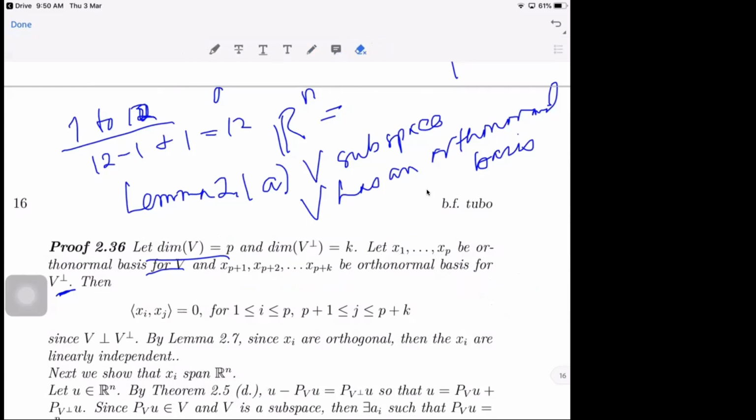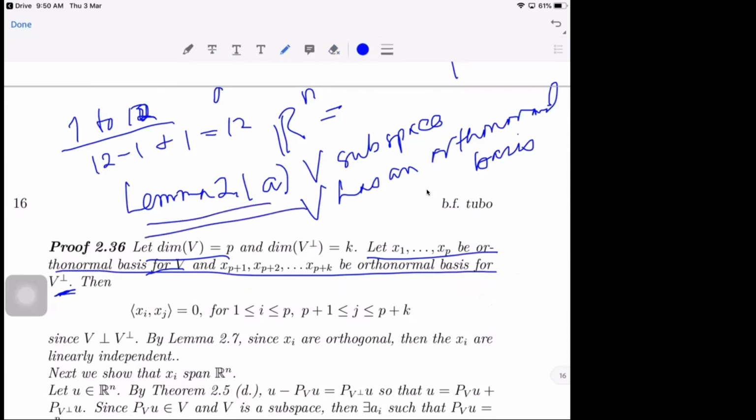So kini nahitabo tungod sa lemma 2.1a, kay kung isa ka subspace, naa siyay iyahang kaugalingong orthonormal basis.